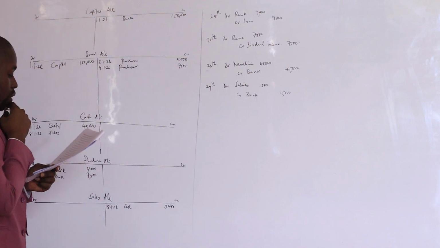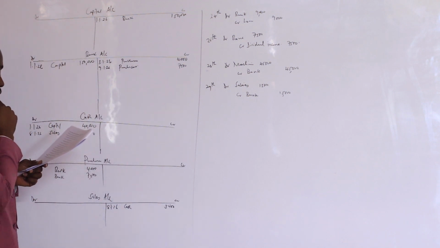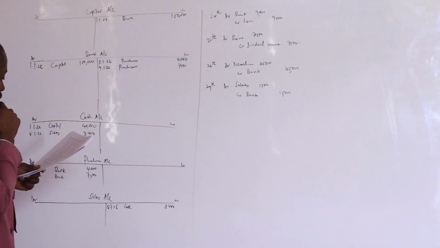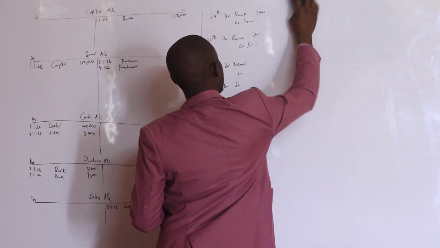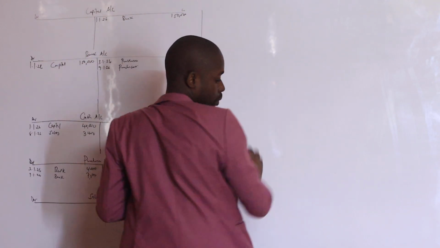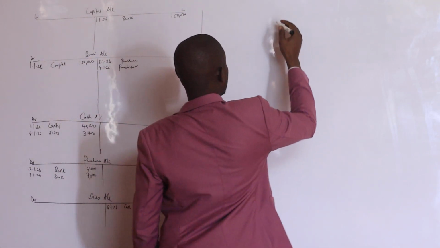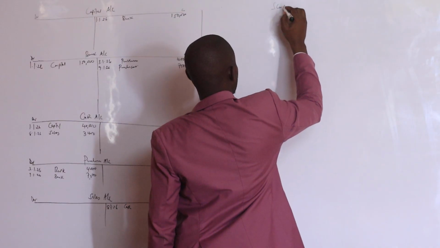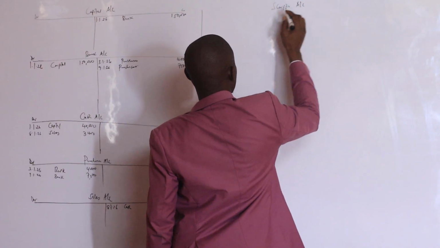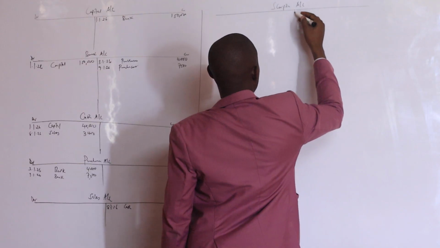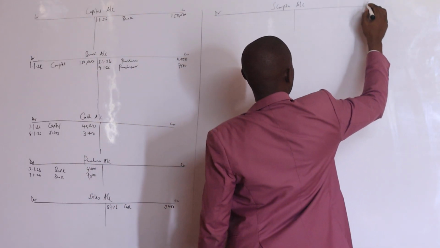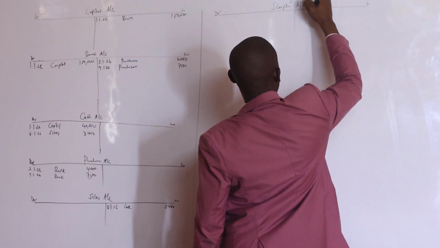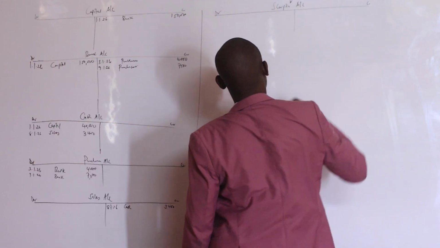On 14th, sold goods to Scorpion on credit. So since it's on credit, we have to create an account for Scorpion. Scorpion account. Debit, credit. These are debtors, accounts receivable.